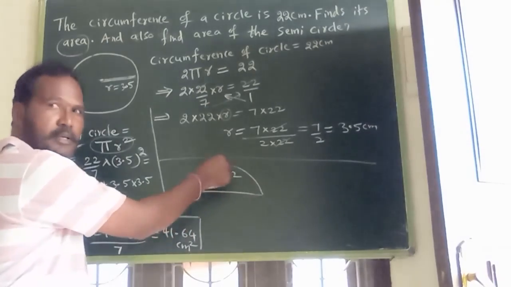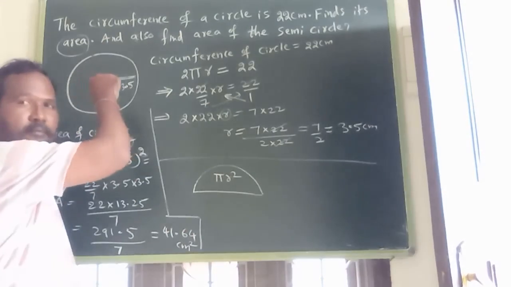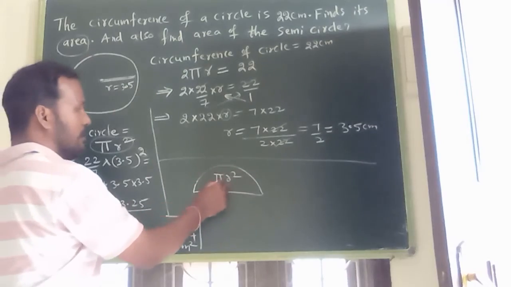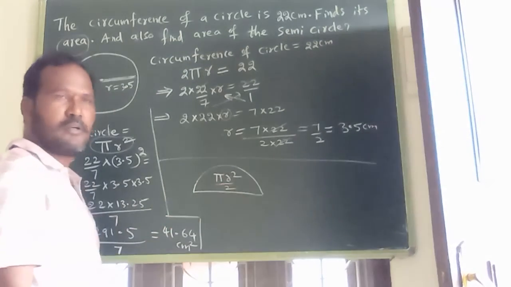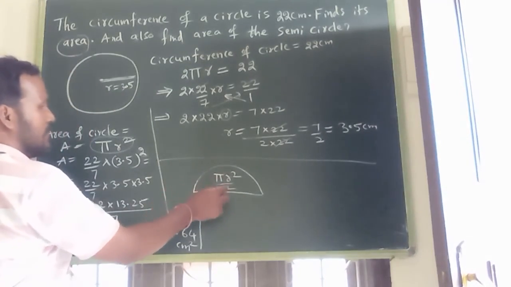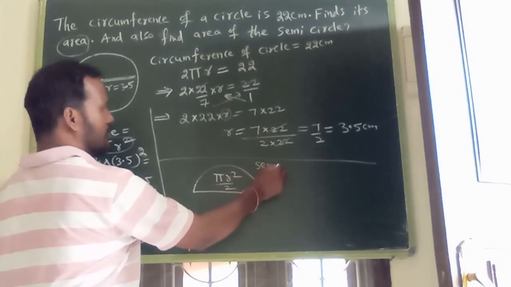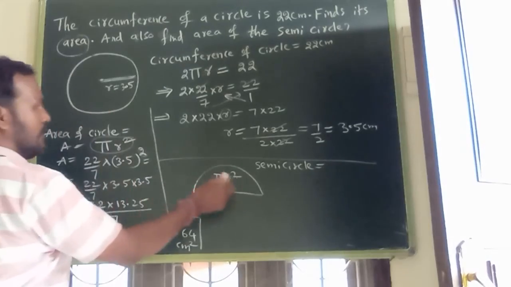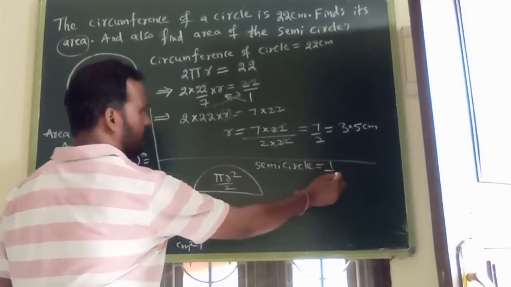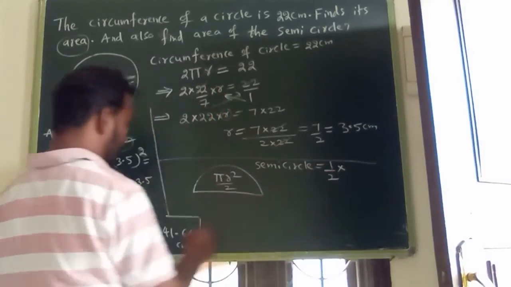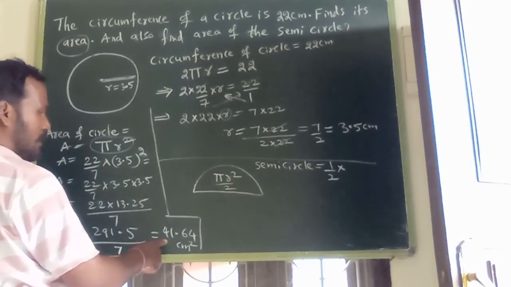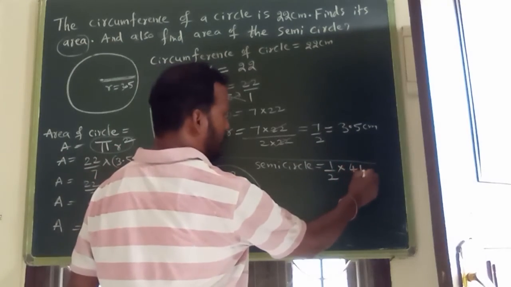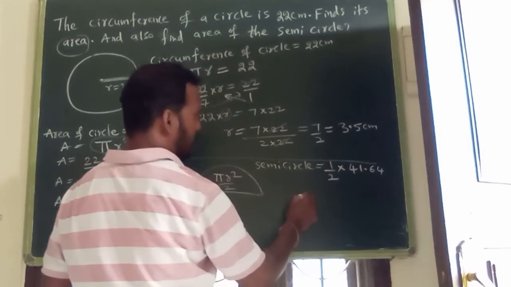So the area of the semicircle is half the area of the circle, half of 41.64.